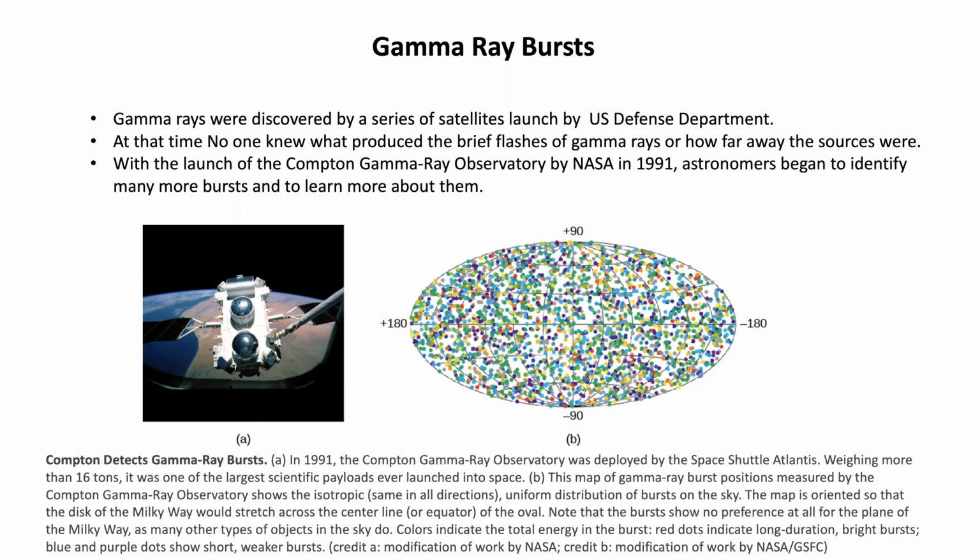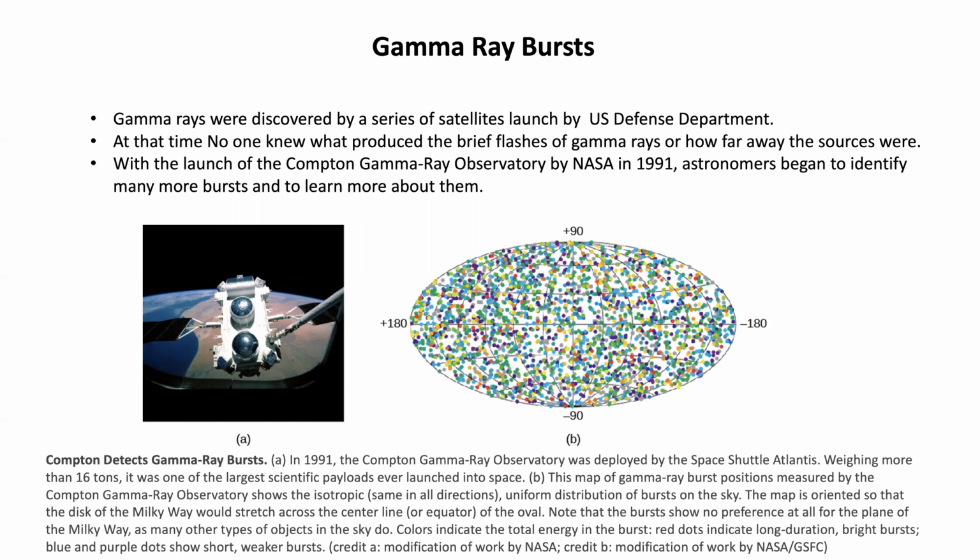Now, the picture here on the right-hand side shows how this Compton Gamma Ray Observatory looks, and on the left-hand side is the map of gamma ray burst positions measured by it. Something interesting to see here is that the map is isotropic, right?